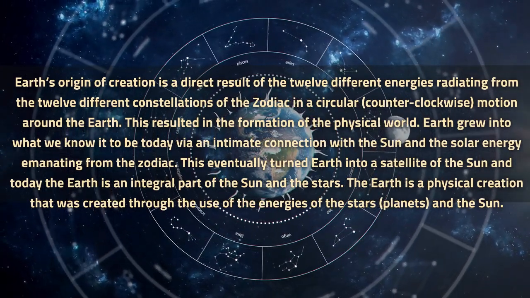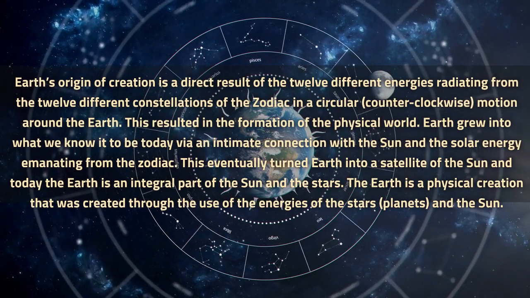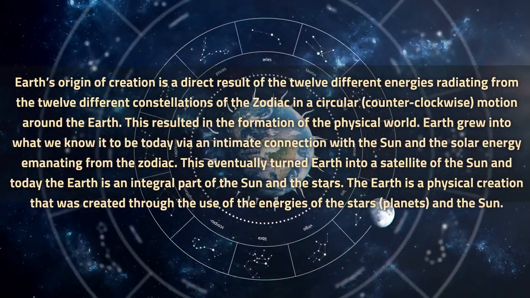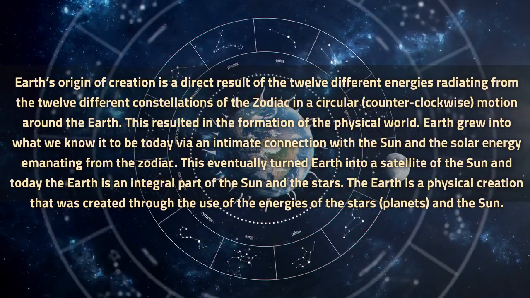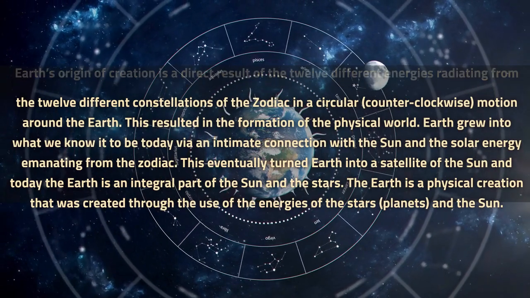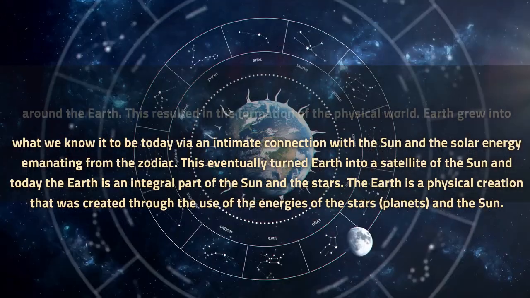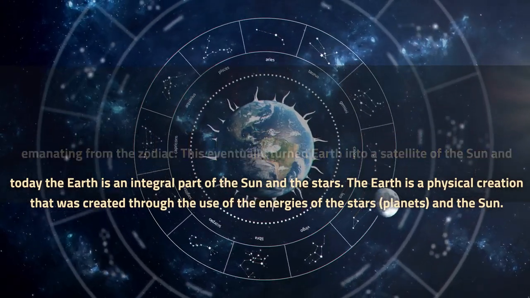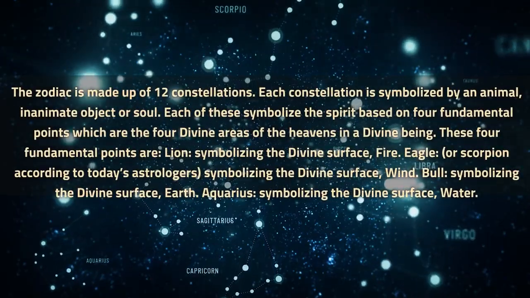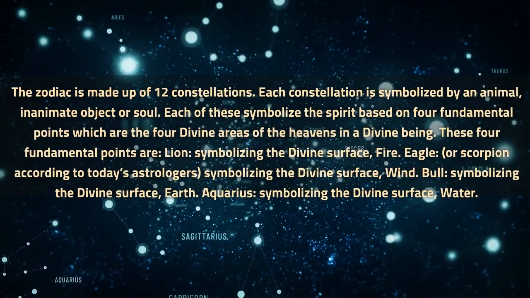This eventually turned Earth into a satellite of the sun, and today the Earth is an integral part of the sun and the stars. The Earth is a physical creation that was created through the use of the energies of the stars or planets and the sun. The zodiac is made up of 12 constellations.